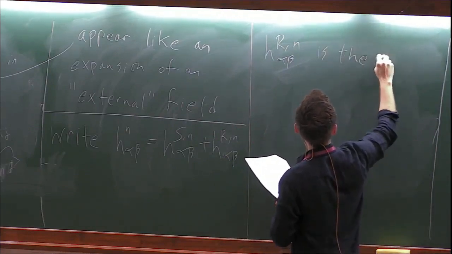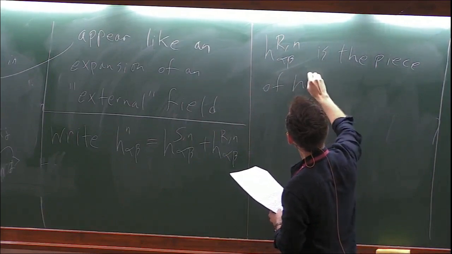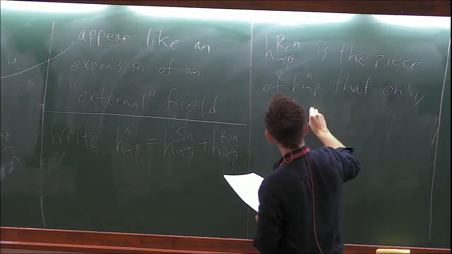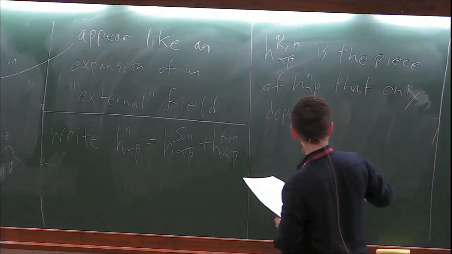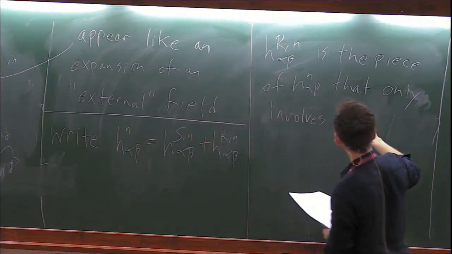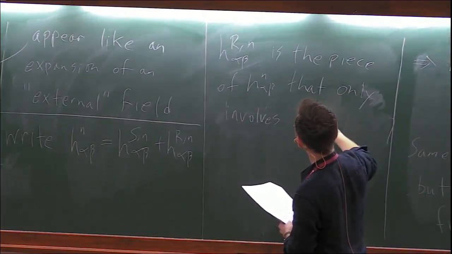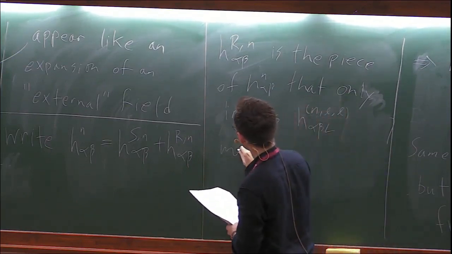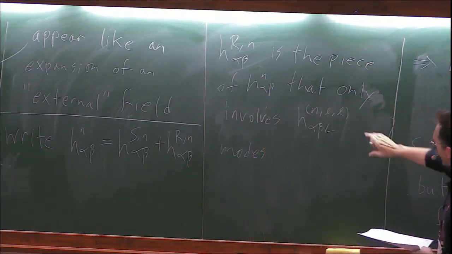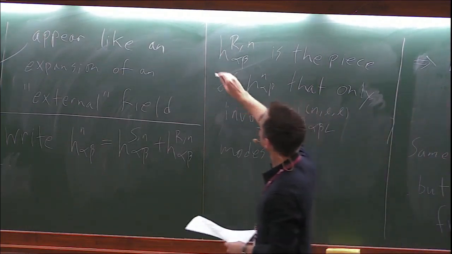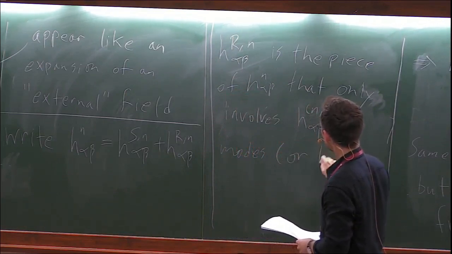This is the piece of h^n_{αβ} that only involves those modes over there, or linear or nonlinear combinations of them, because they feed into the source.